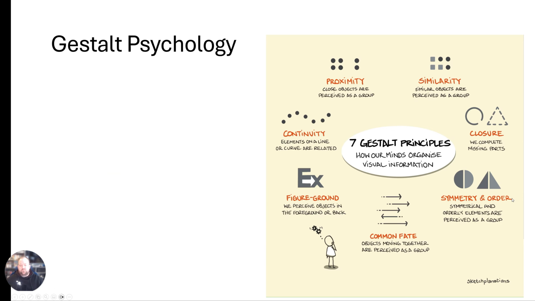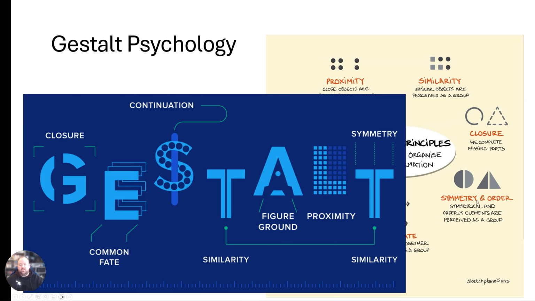I really like this one as well. And then a lot of people have done this next one, where they take the word Gestalt and make it examples of them. So that's something to consider. Focus on these because your design processes will need to follow these.